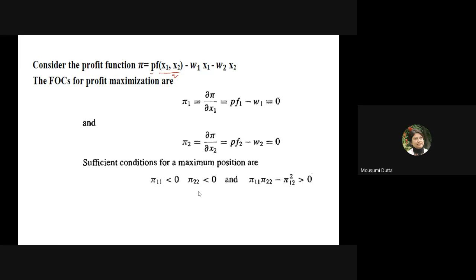So pi 1 1 and pi 2 2 will be negative, whereas pi 1 1 pi 2 2 minus pi 1 2 square, that is mod h2, will be greater than 0. Any question?